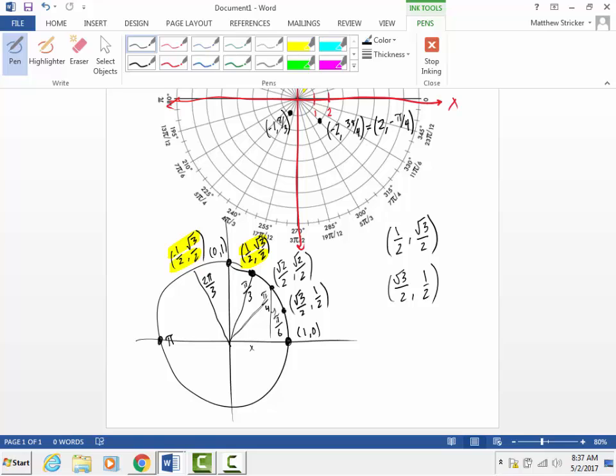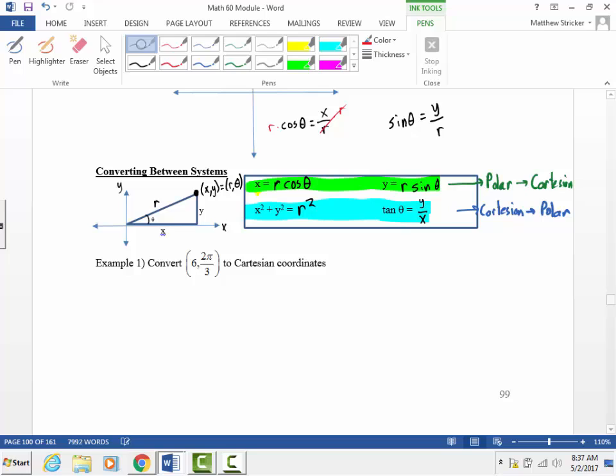Questions? So if we're going back to that problem we just looked at that required us to do cosine and sine of that angle, remember x is the cosine and y is the sine. So if I want to do this, I know that x is equal to r cosine theta, which in this case is 6 times the cosine of 2 pi over 3.